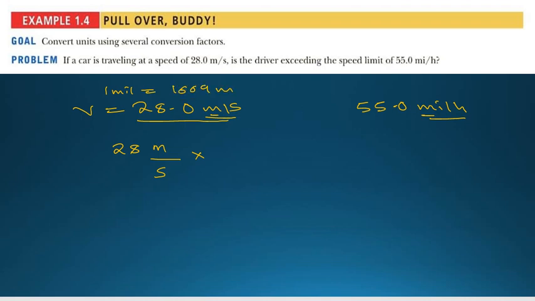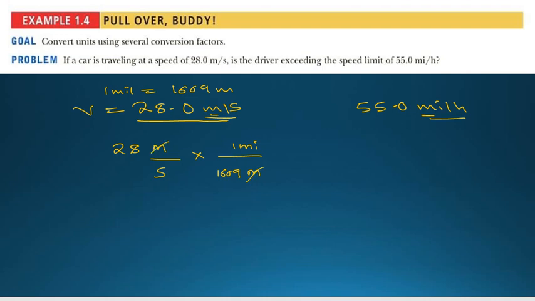This is what I told you. So what you are going to do, guys, is make the units in such a way that they cancel. For meters to cancel, we put meters down here, and 1 mile is equal to 1609 meters, so meters and meters cancel.